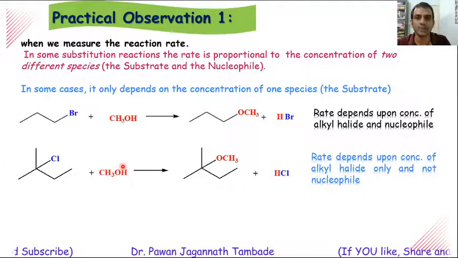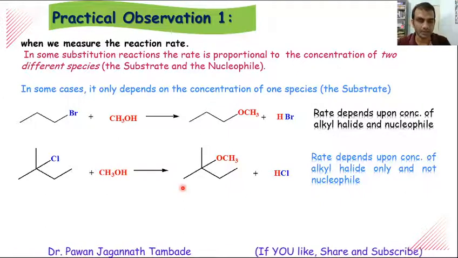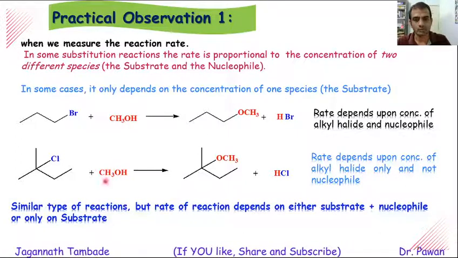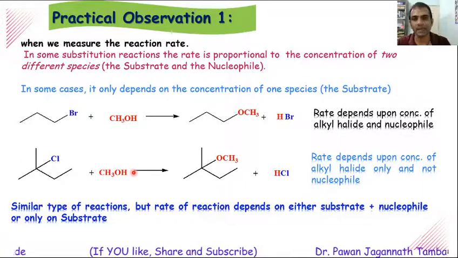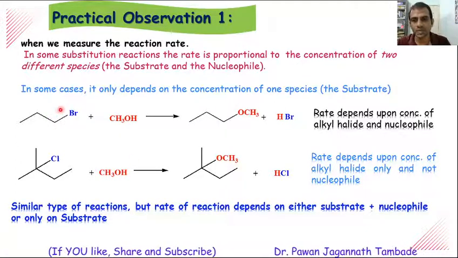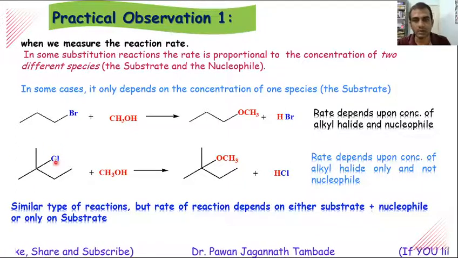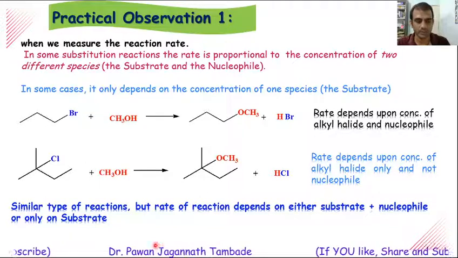So this is the first practical observation in nucleophilic substitution reactions. These are similar types of reaction, but the rate of reaction either depends upon substrate plus nucleophile, or depends only on substrate and is independent of the nucleophilic species.